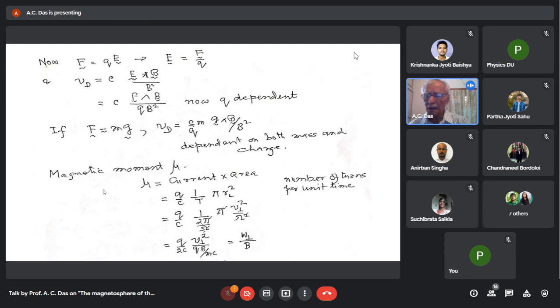So we know now the expression for the magnetic moment.